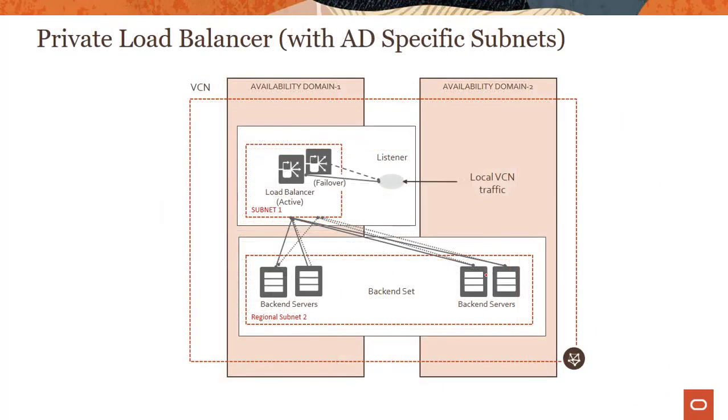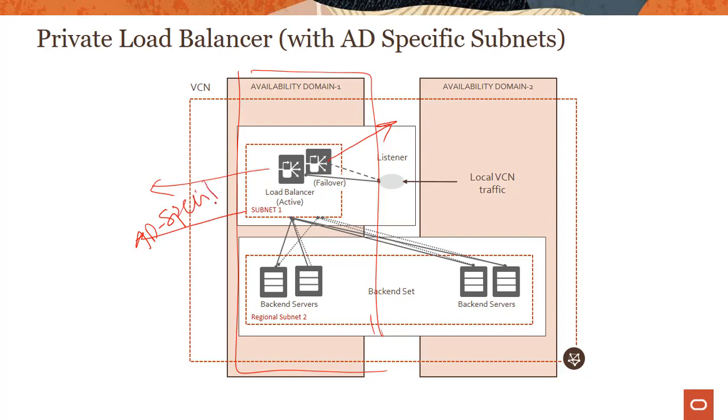Now, in case of AD specific subnets, there is a change here where my active and my failover are both in the same AD. So yes, we still have two copies, but they're both running in the same AD. And in this case, my subnet is an AD specific subnet. It's not a regional subnet anymore.